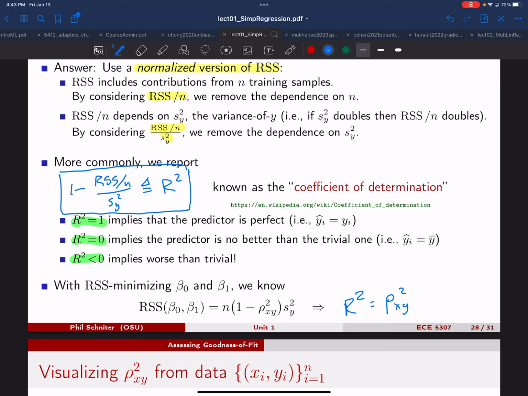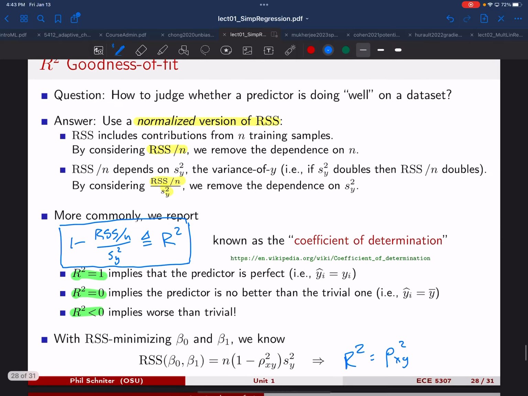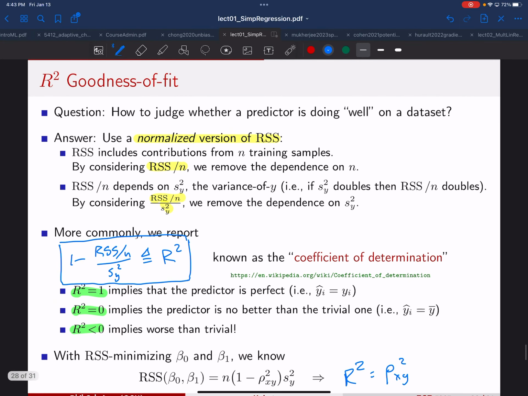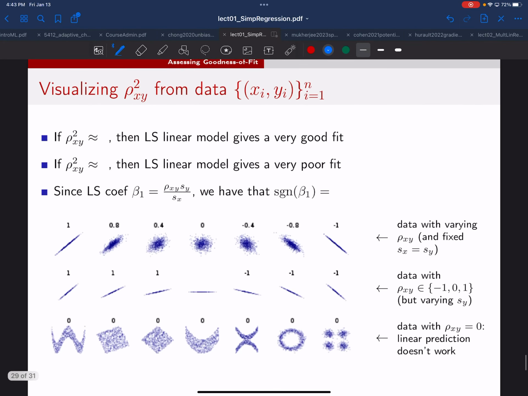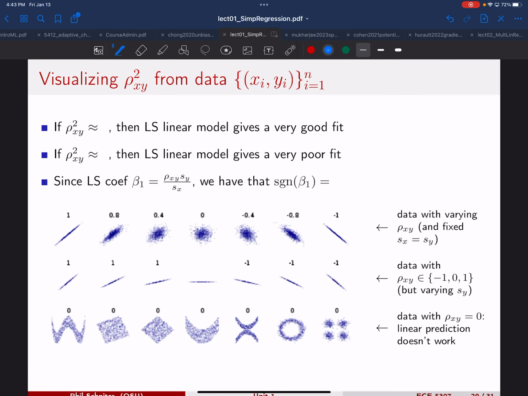Okay, good. Any questions so far? All right, just visually, it's interesting to look at some different rho xy's for some example data sets. We saw one of these pictures before, but we didn't see all of them.